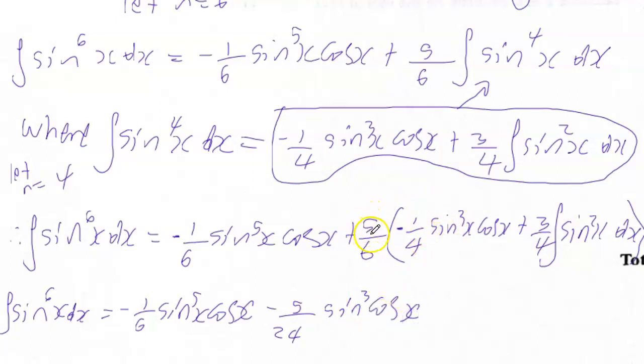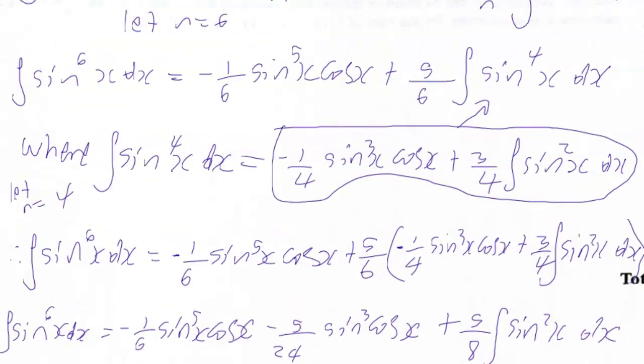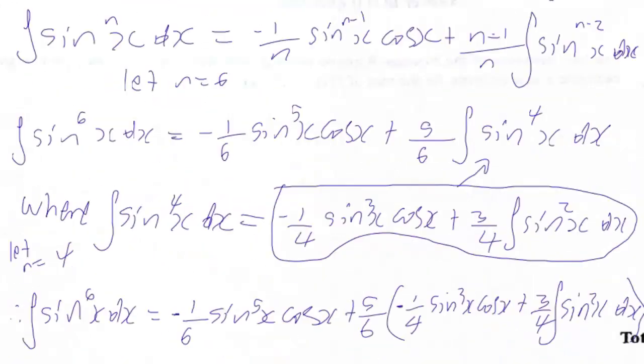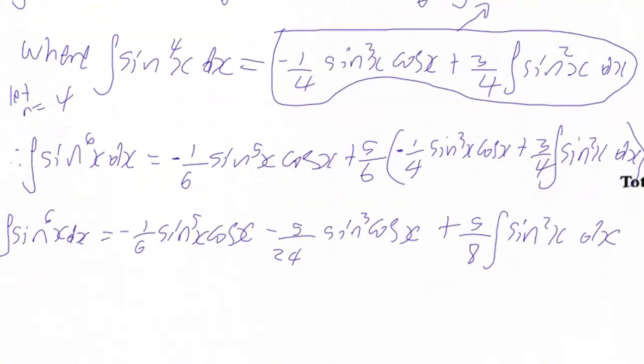Then we multiply 5/6 times 3/4, that's 15 over 24, divided by 3, that's 5 over 8, times the integral of sine square x dx. Is that what we're asked to prove? Yes, that's the exact thing that we're asked to prove. Alright, so, yes, that's that.